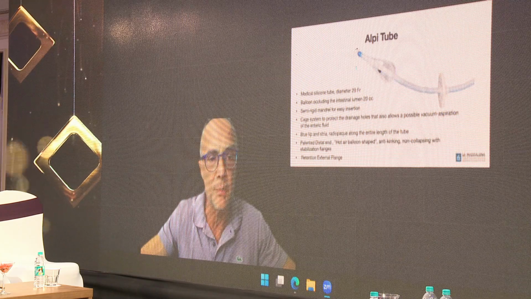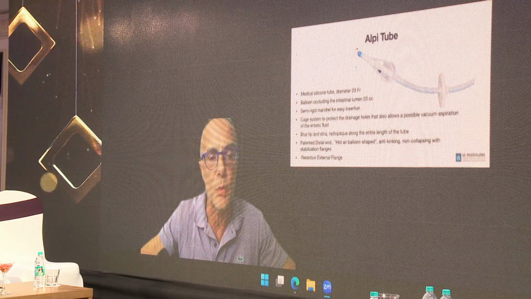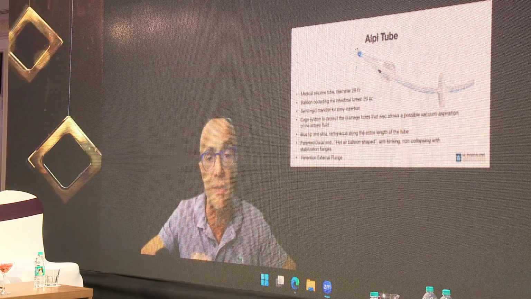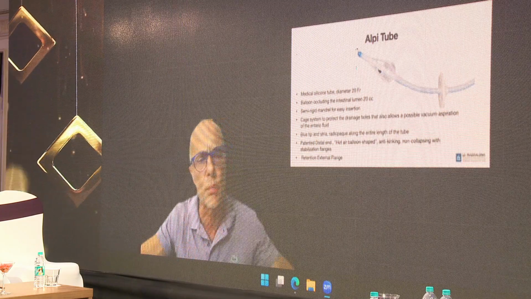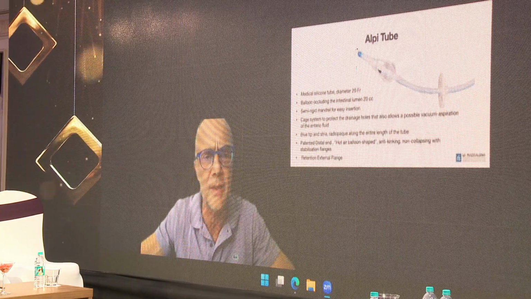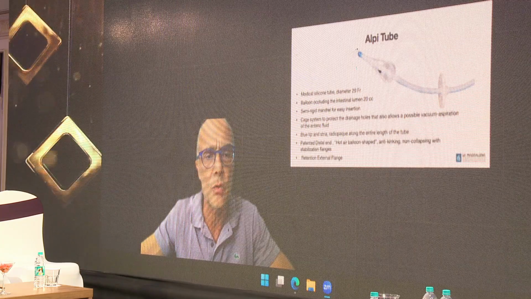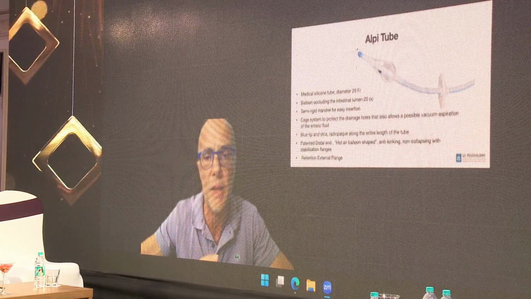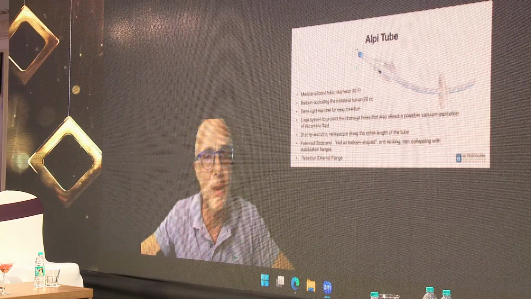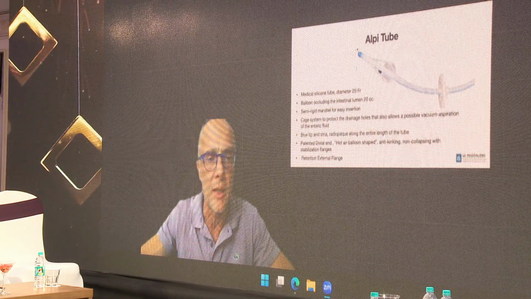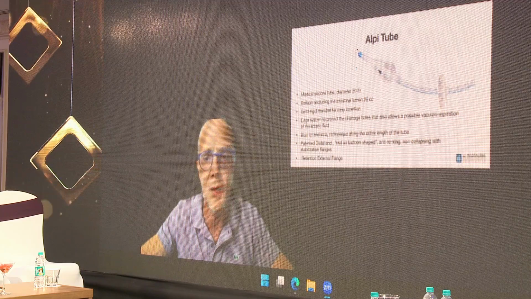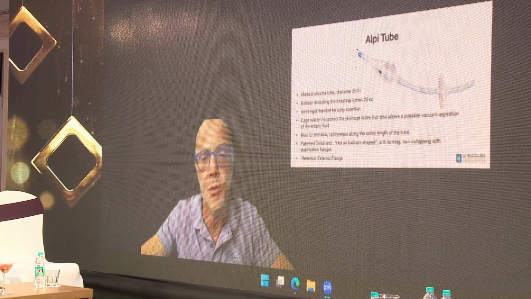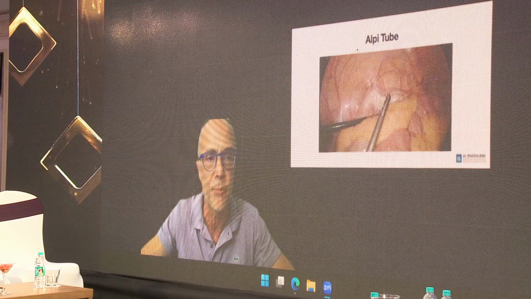It has a blue tip and a stria which is radiopaque along the entire length of the tube, a patented distal end with an air balloon shape, an anti-kinking and non-collapsing design with stabilization flanges, and a retention flange on the external side of the device.